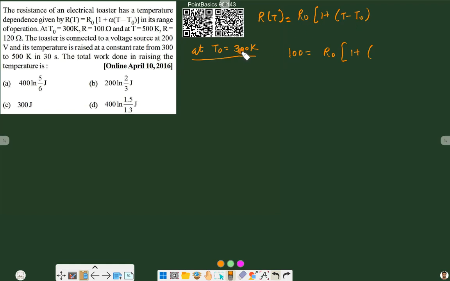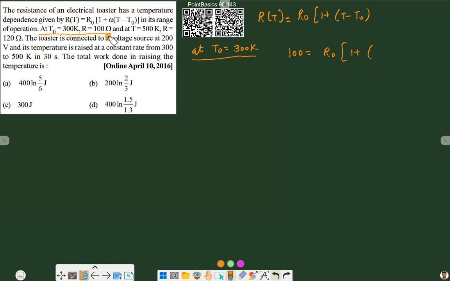The value of T naught is 300, and the value of T is not provided here. After 100 ohm it is mentioned that at T equal to 500 Kelvin. When it is mentioned that at T naught equal to 300 Kelvin, it means our measurement temperature with respect to which we are calculating alpha, that is T naught, 300 Kelvin, is also equal to T at this particular observation.